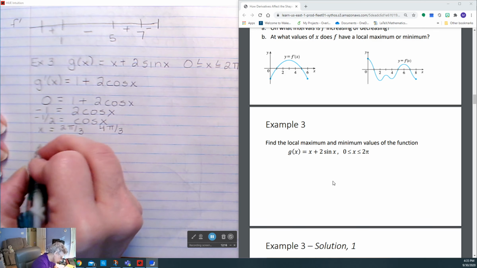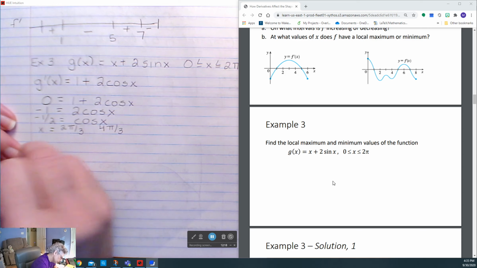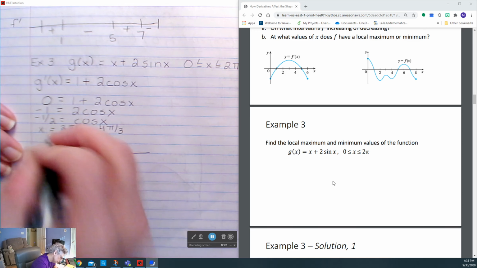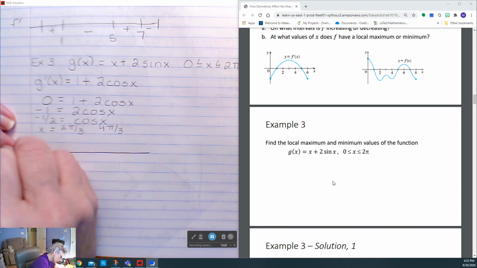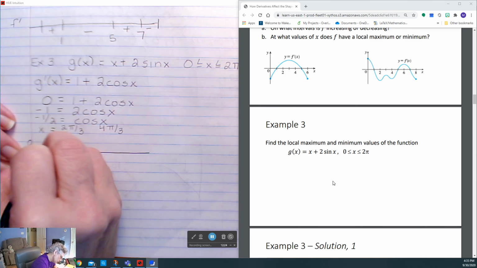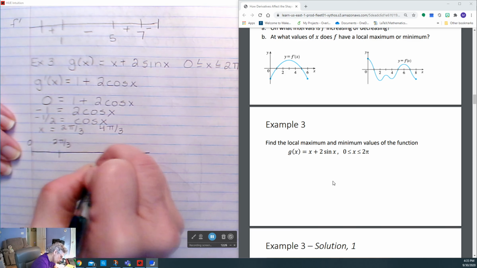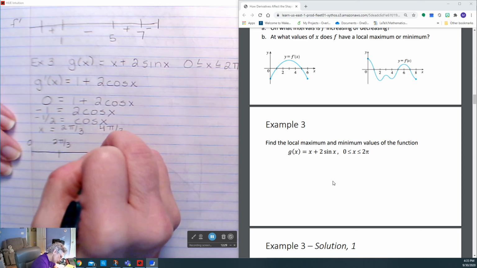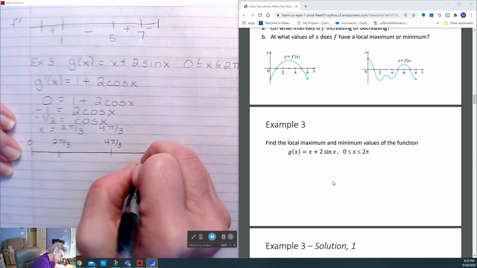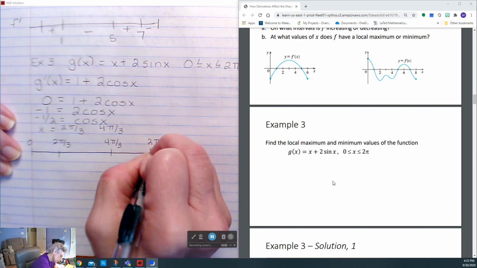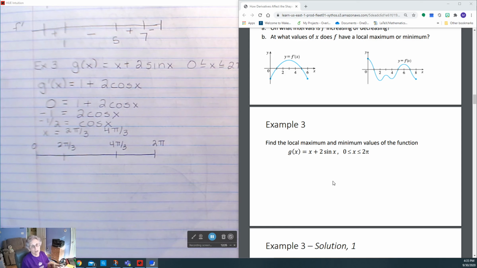So I'll make myself a little sign chart. I start at 0, 2 pi over 3, 4 pi over 3, and 2 pi. Now you can logic your way through it.